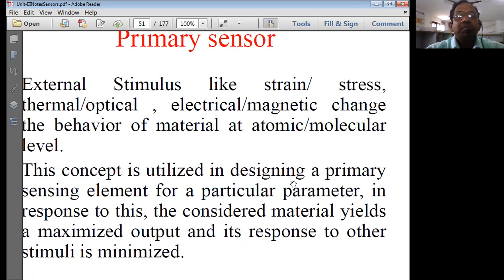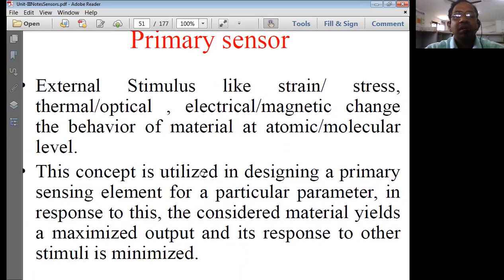Then what do you mean by a primary sensor? A basic sensor is known as a primary sensor, which gives a response to an external stimulus like strain, stress, thermal energy, optical energy, electrical signal, magnetic energy.